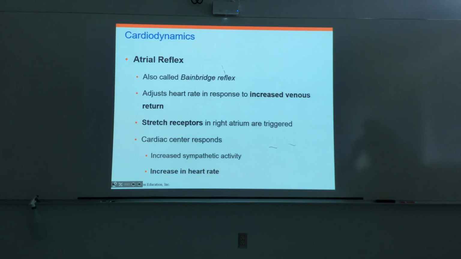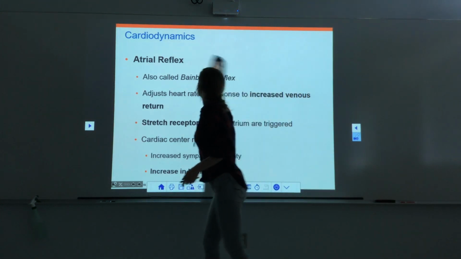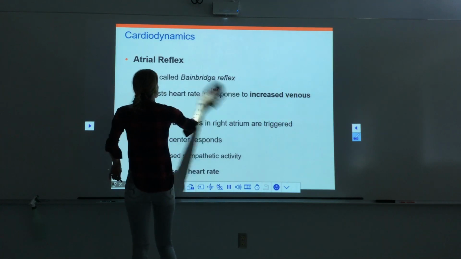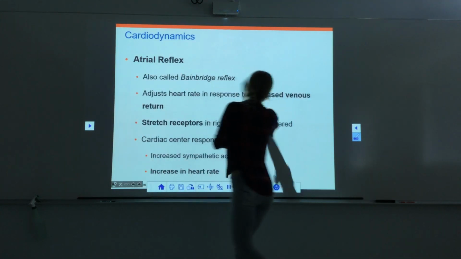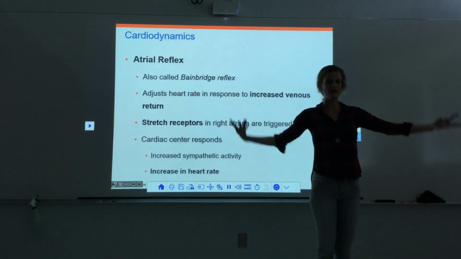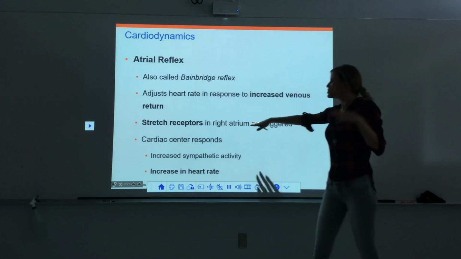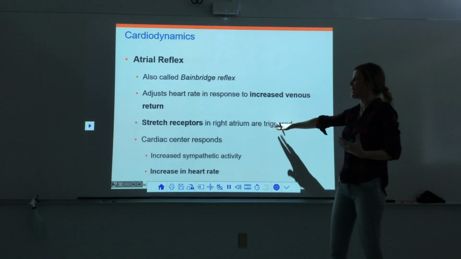Another way that the autonomic nervous system can adjust heart rate is via the atrial reflex, or the Bainbridge reflex. So this adjusts heart rate in response to venous return, the amount of blood that's coming back to the heart. Just picture this, say you're super, super active.